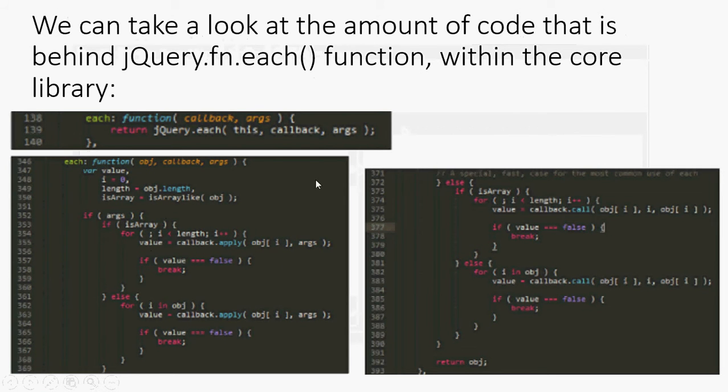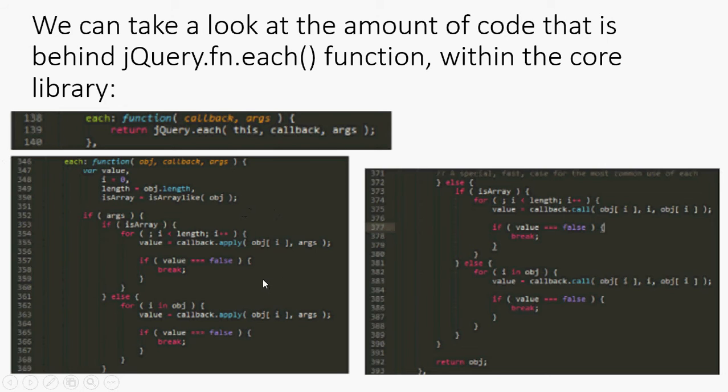But you can also take a look at the amount of code behind the jQuery each function within the core library, and you can see there are a lot of for loops, and the code is complex. But for the end user, they don't need to know the whole thing behind the each function.